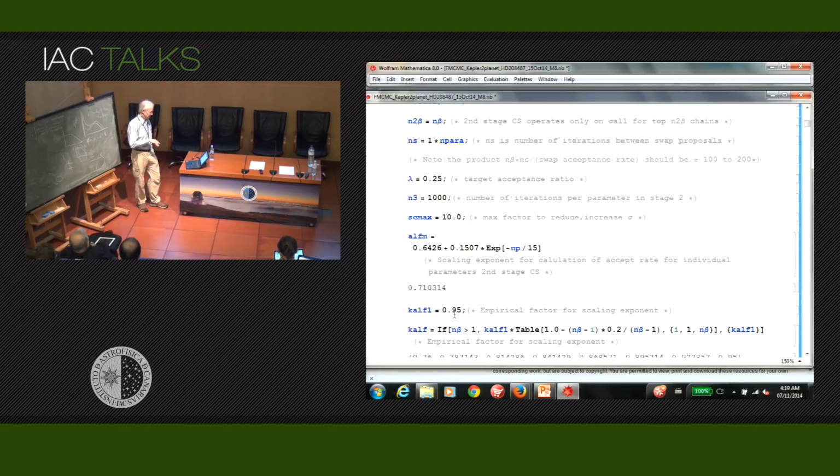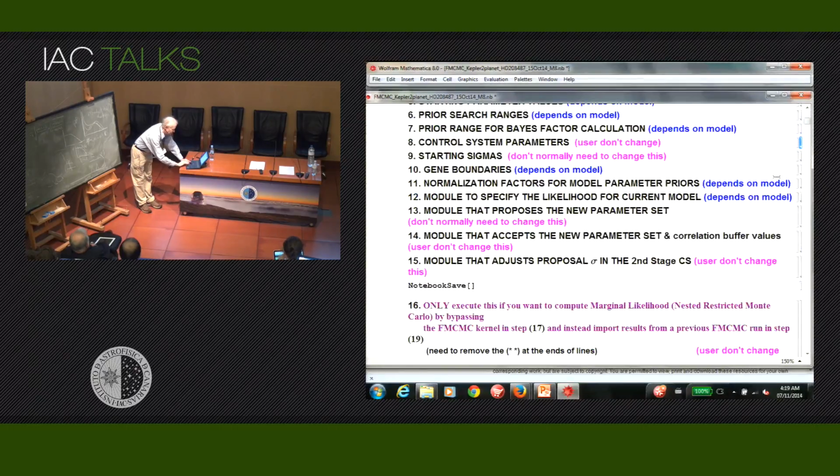If you're dealing with an 8-planet model, that should be somewhere up about 0.96. So it's not a very big range, but it's an attempt to do a little bit more optimal functioning of the control system. And really, you shouldn't have to touch that.